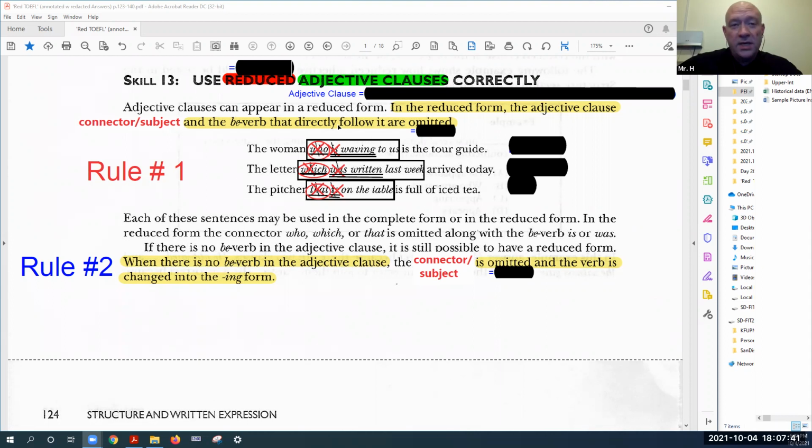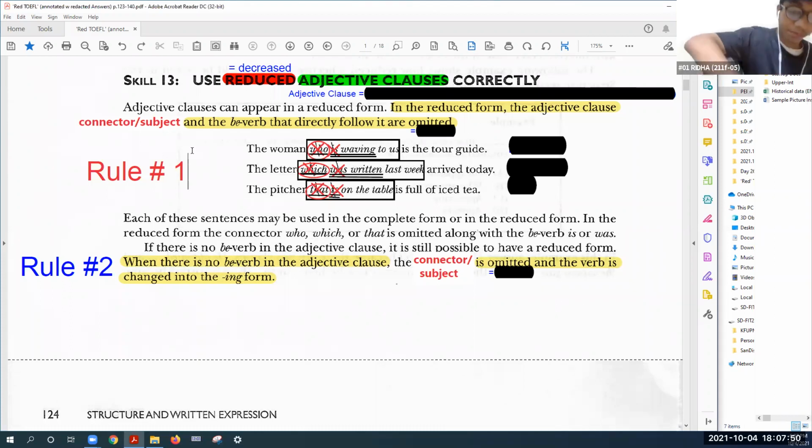Now, what exactly is an adjective clause? Remember? What are the key parts in a normal adjective clause? Connector, subject, and verb.